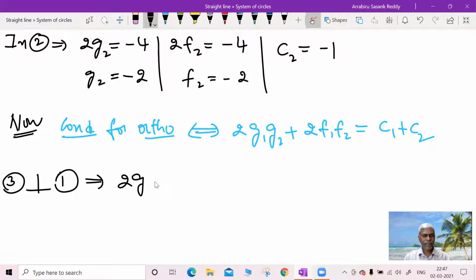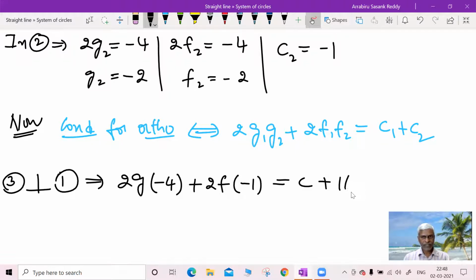So the g1 value in the first circle is minus 4, and the f1 value in the first circle is minus 1, and c1 is 16.